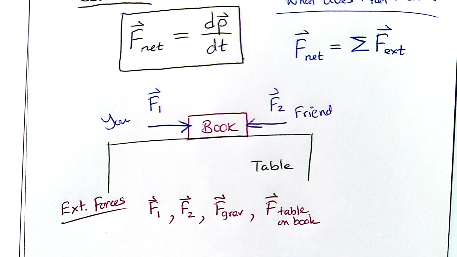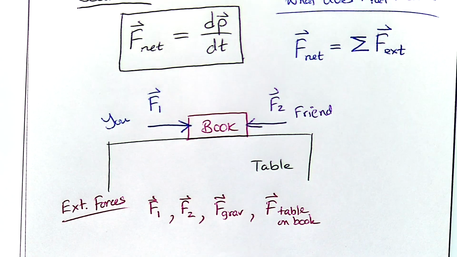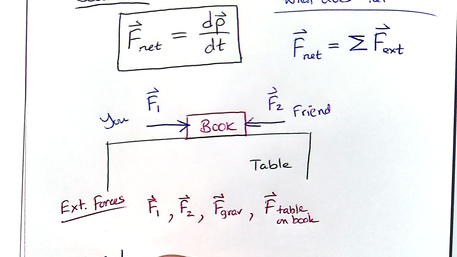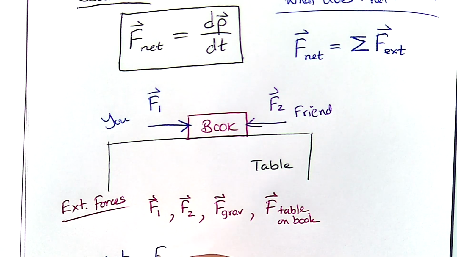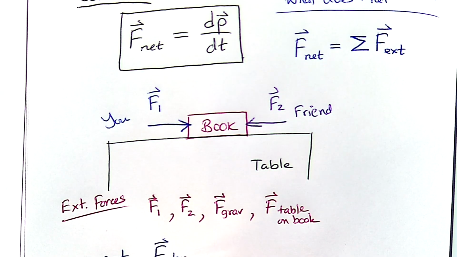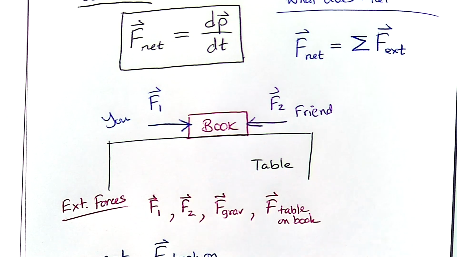The table itself is pushing up on the book, so that's another force. So we're identifying all the forces. All of the forces are important to consider. Okay, that's external, but what we're not considering is the force that the book applies on the table.